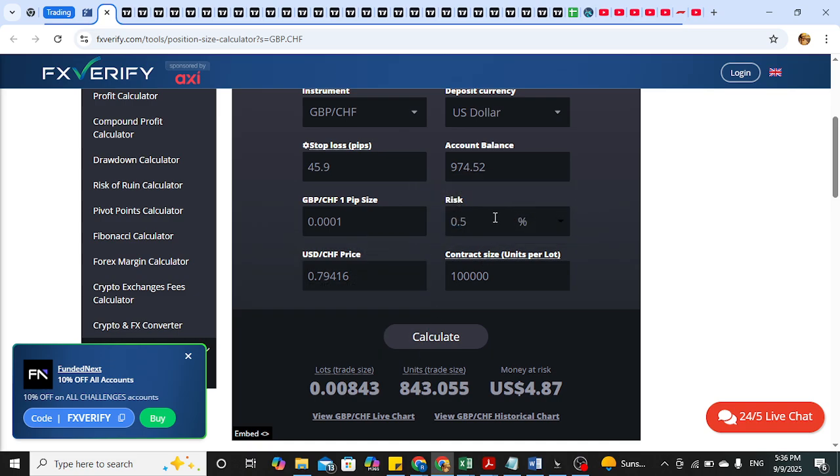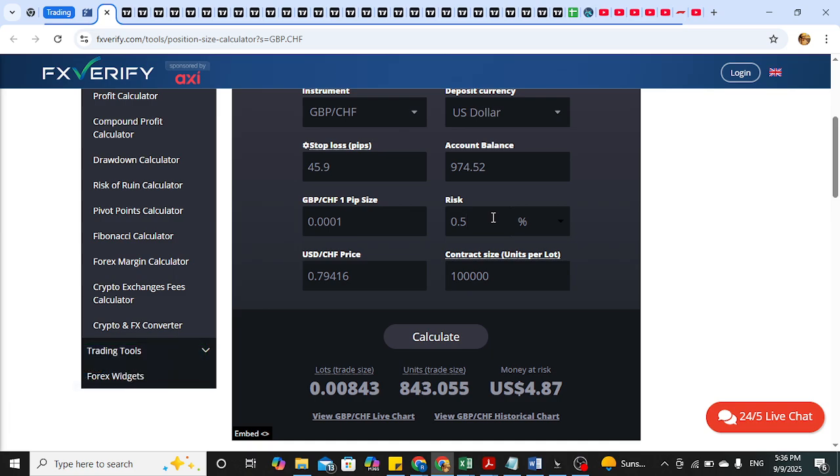Let's say I want to increase my risk, and because I have a range, as I mentioned in previous videos, from 0.5% to 1%. This is the process. I'm showing you exactly what I would be doing when I'm trading.